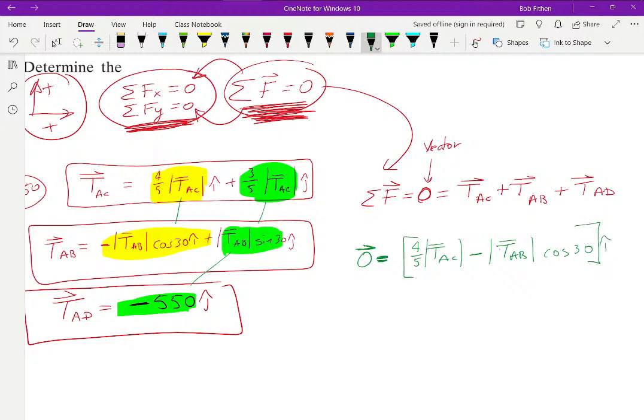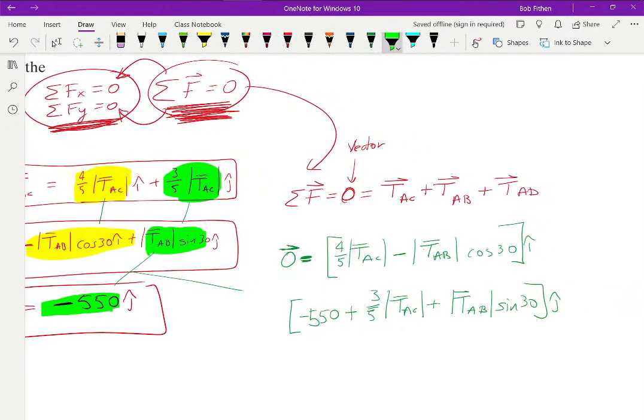And now I'll get the green ones. Minus 550 plus 3/5 times the magnitude of TAC plus the magnitude of TAB times the sine of 30, and that's the j.